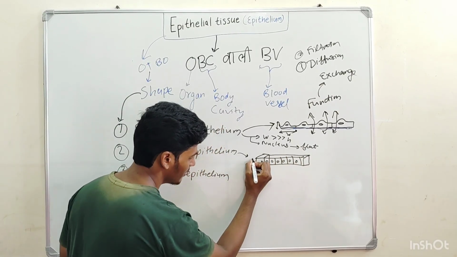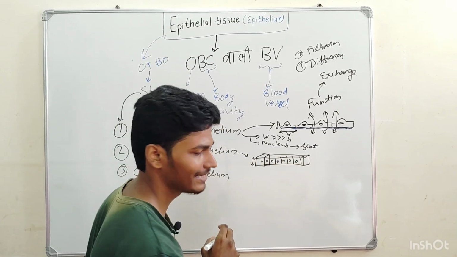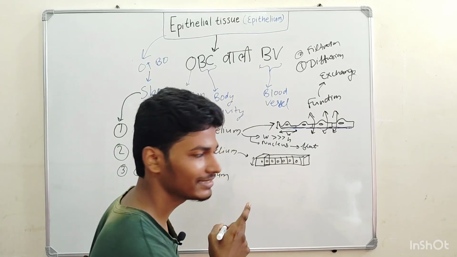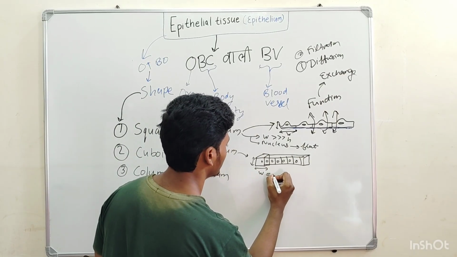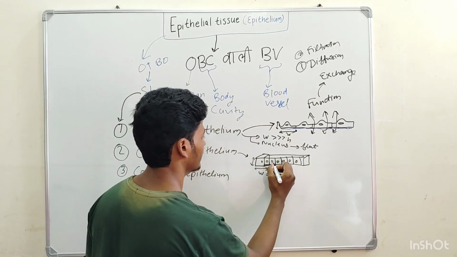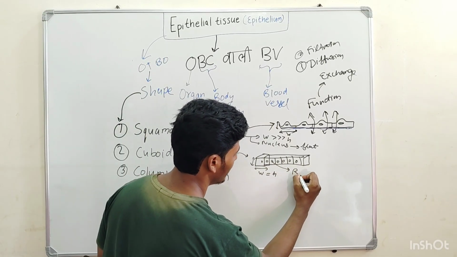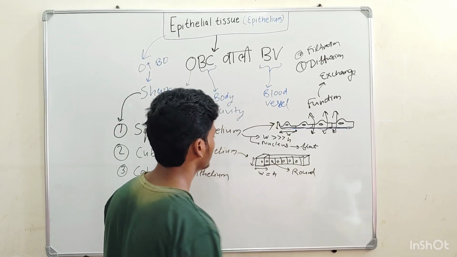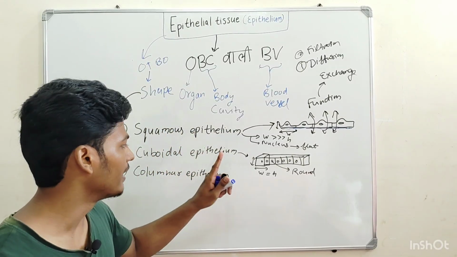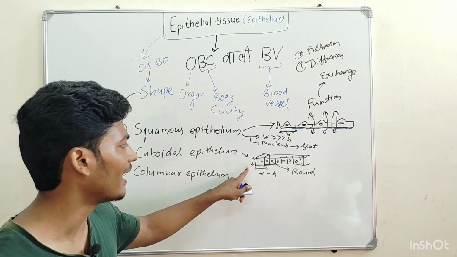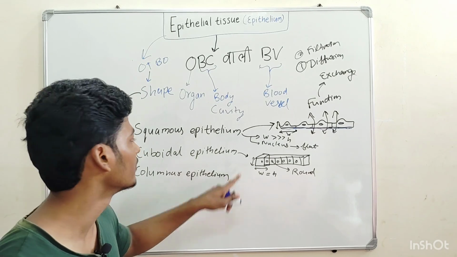A cube has all sides equal, like length, breadth and height. So its width is equal to its height, and the nucleus is round in shape. In the cuboidal epithelium, the nucleus is round and its width and height are equal.